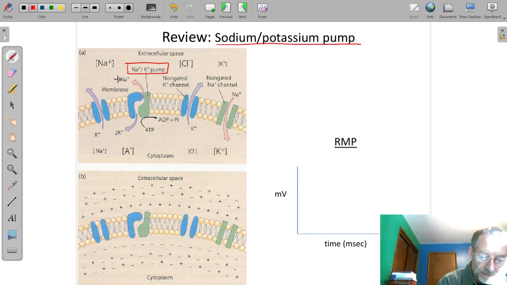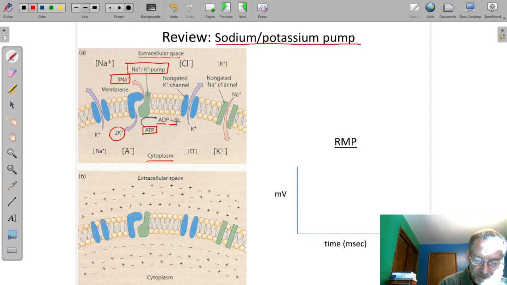It's pumping 3 sodium outside the cell into the extracellular space, simultaneously bringing 2 potassium into the cytoplasm. This pump requires ATP hydrolysis, so ATP is being hydrolyzed to ADP and P.